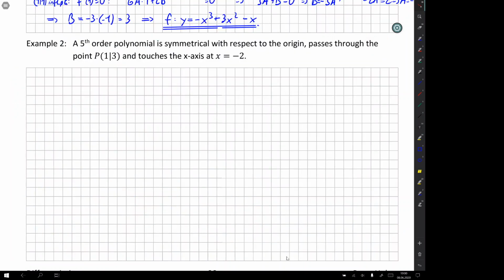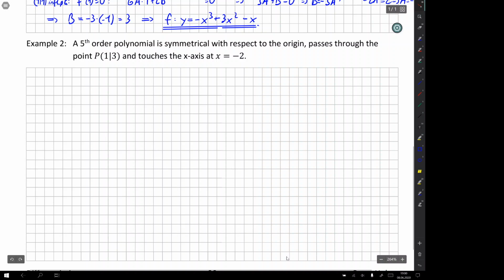In example 2, we're given a fifth order polynomial, and we know that it is symmetrical with respect to the origin. Additionally, we know that it passes through this point P here, and that it touches the x-axis at x equals -2. So let's start by writing the general equation of a fifth order polynomial. Order here means the degree is 5, and let us simplify it from the beginning.